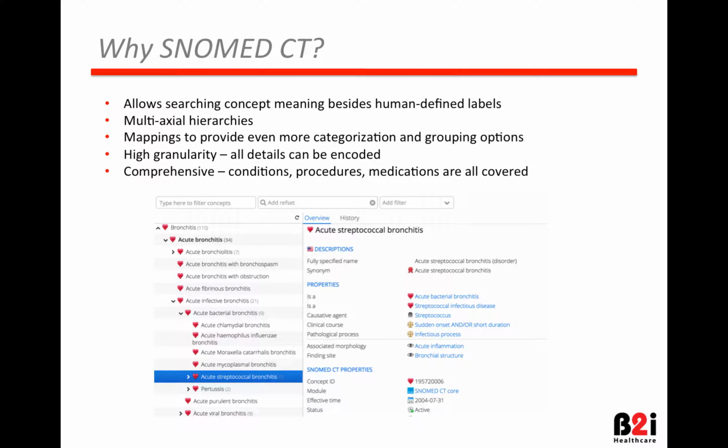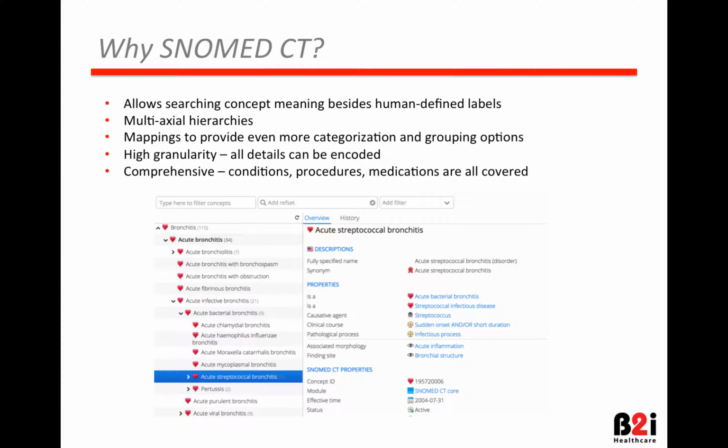So just for example, on the screen we're looking at a concept, acute streptococcal bronchitis. This is the clinical definition of this particular disease. It has two human-readable labels, so it's possible to find the concept by these labels if we just want to run a very simple lexical search, but it has a lot of attributes that are clinically validated.